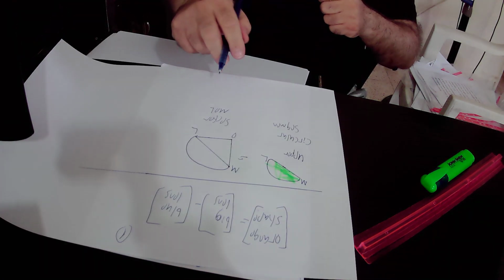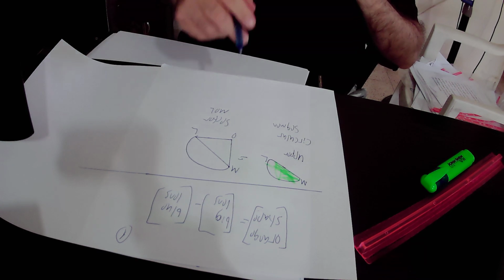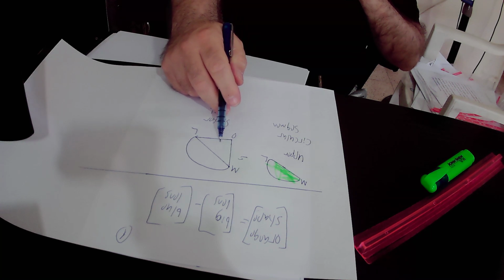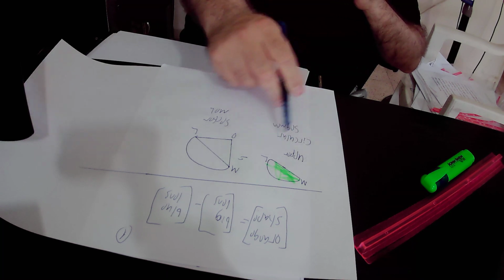So this is sector MOL, and from the area of sector MOL, we'll subtract the area of this triangle MOL, and this will give us the area of the upper circular segment ML.